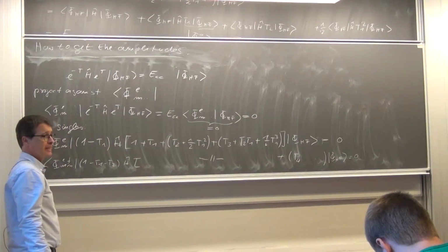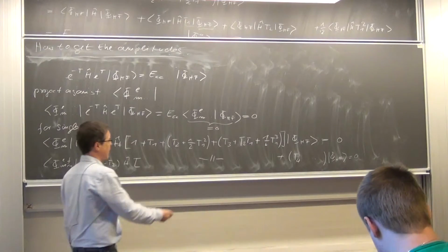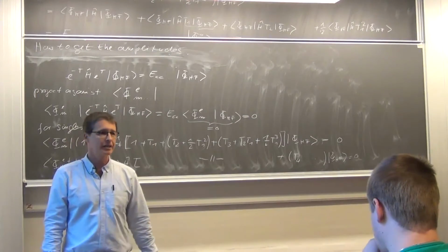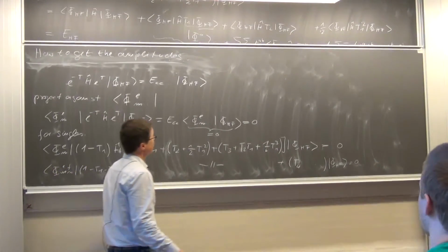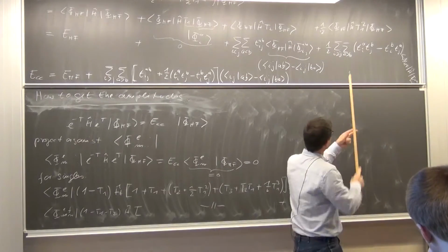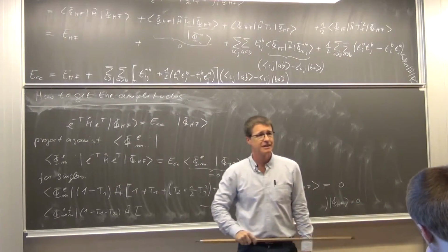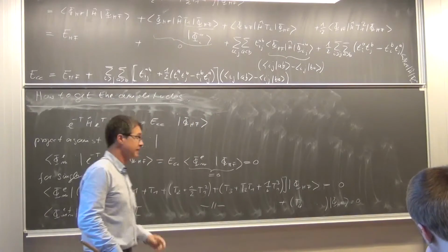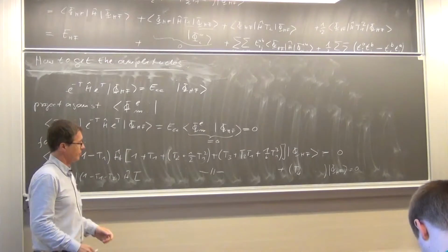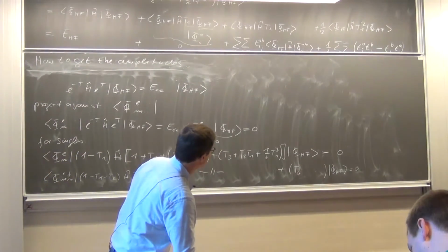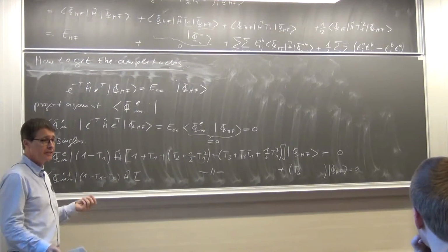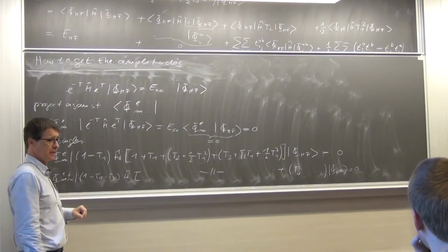So I have a huge set of coupled equations, and because I have things like T1 squared in here, which means I have this kind of product of single amplitudes, these are nonlinear equations. Which makes it slightly difficult to solve them iteratively in a way like Hartree-Fock.